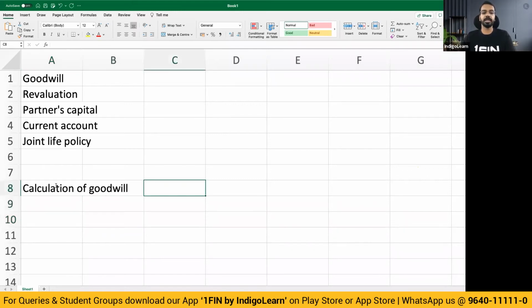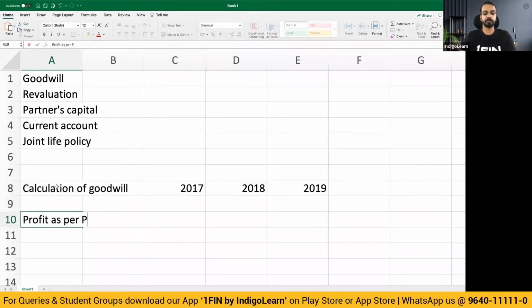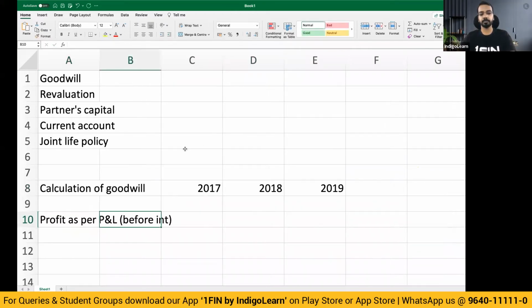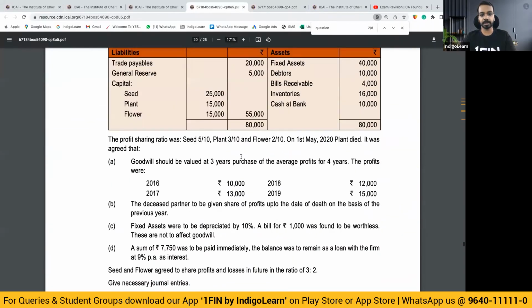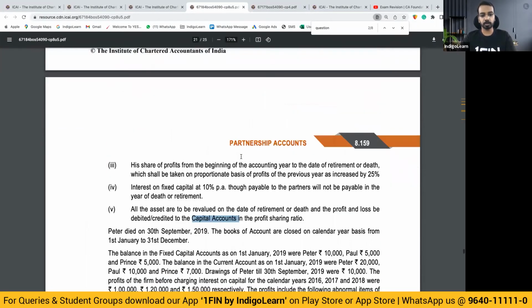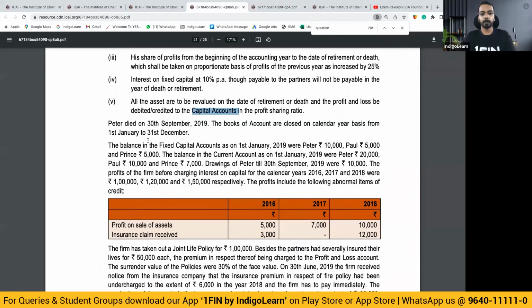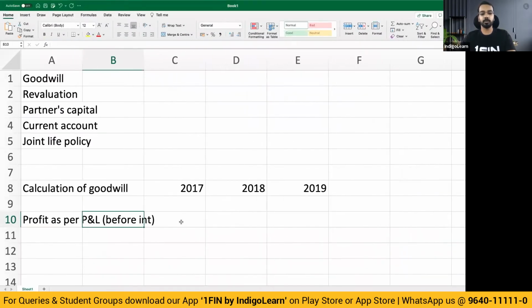So he died in 2019, so 2017, 2018 and 2019 profit as per P&L before interest. What is the profit as per P&L before interest? Let's come back and see. Yeah, it says 1 lakh, 120 and 150. So 1 lakh, 120, 150.